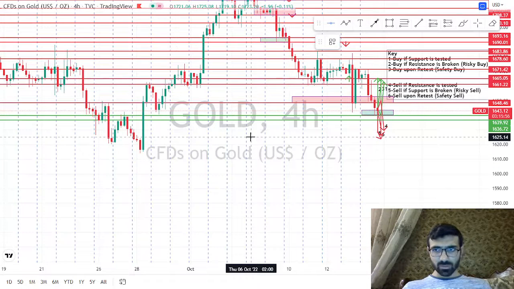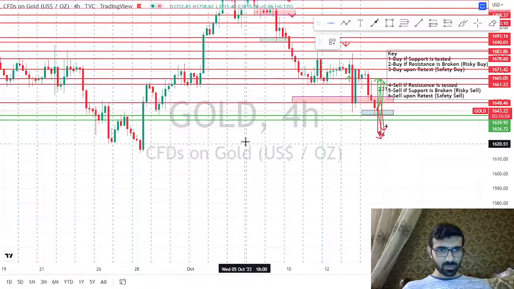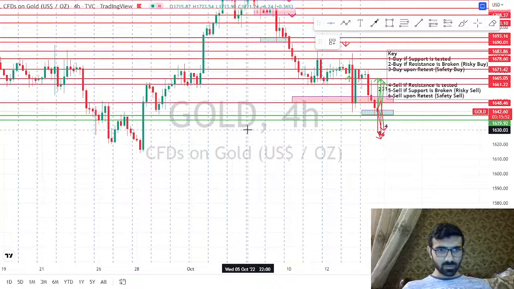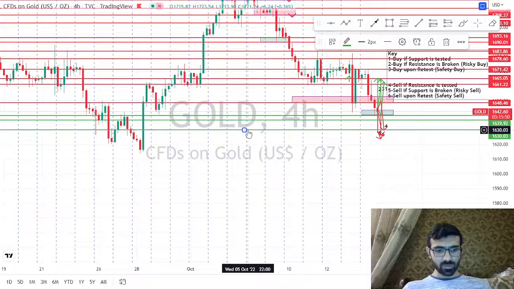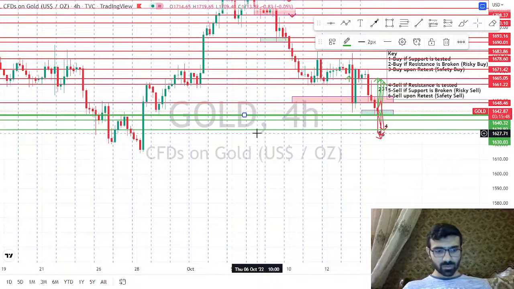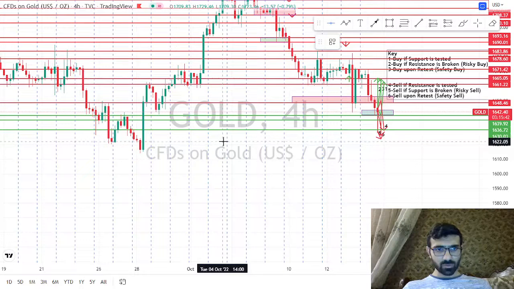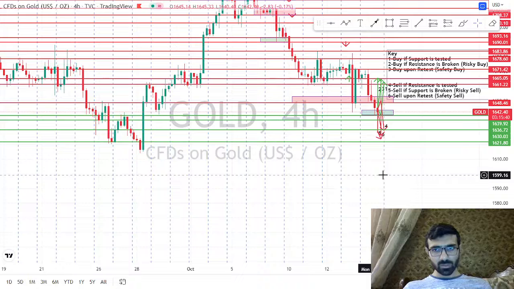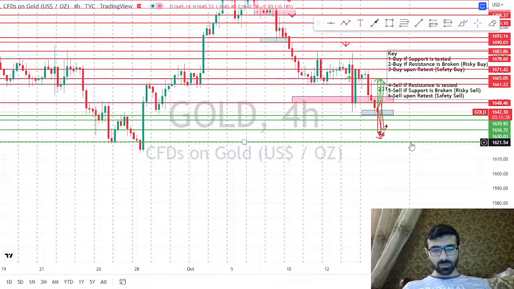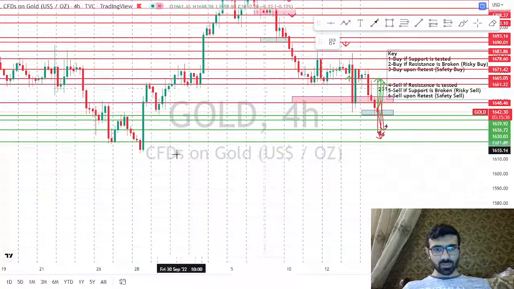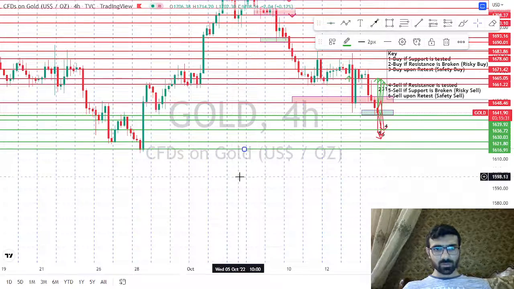I think the next area will be this area, and the last area of support will be this. I hope that we can stick to these areas.